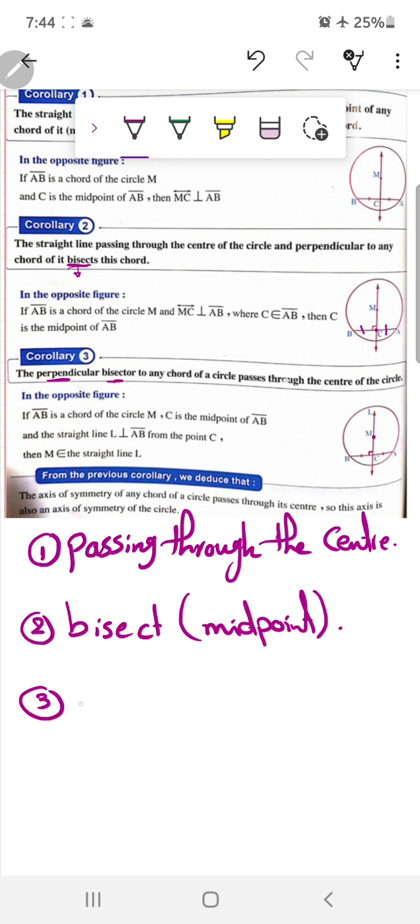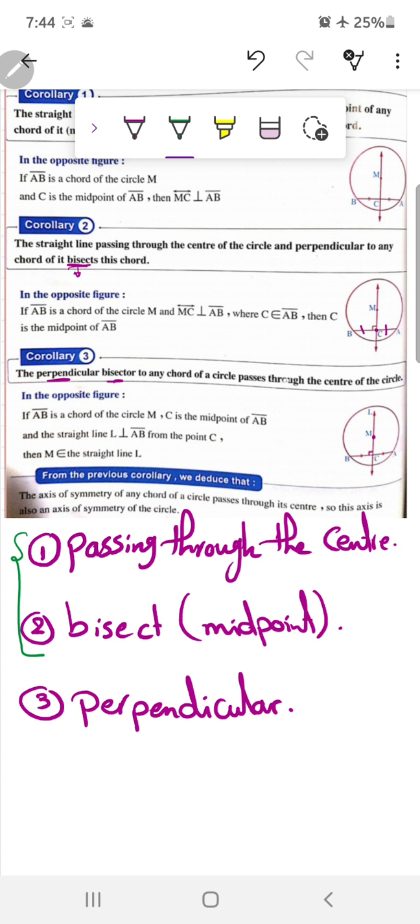Number 3, perpendicular. In any example, it gives you two givens, like passing through the center and bisect, so we get perpendicular. If it gives you bisect and perpendicular, it means passing through the center. And if passing through the center and perpendicular, it means we have the midpoint, or we have bisect.